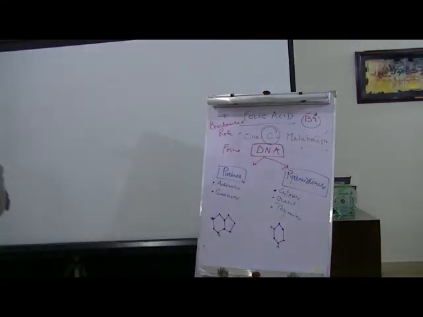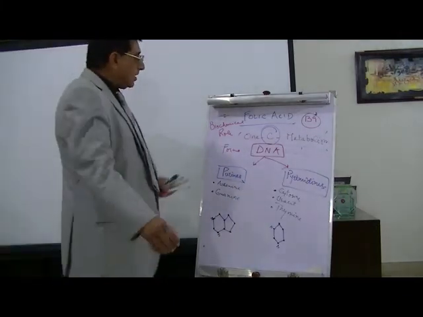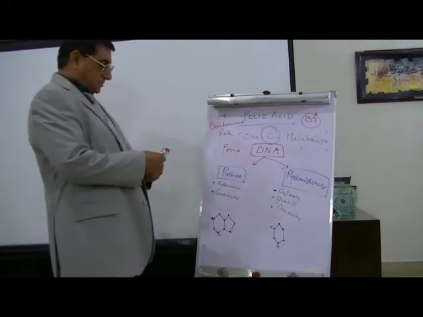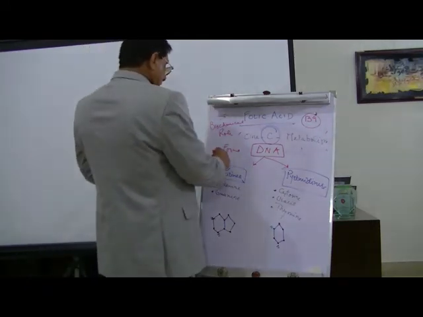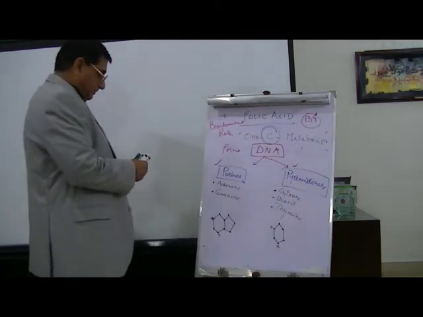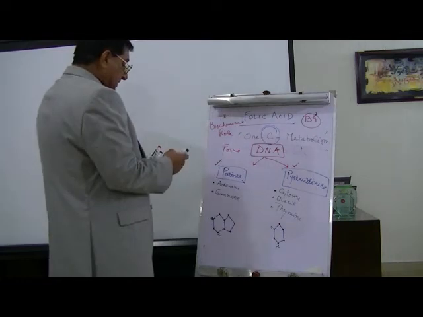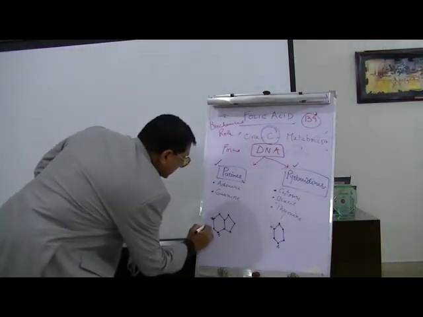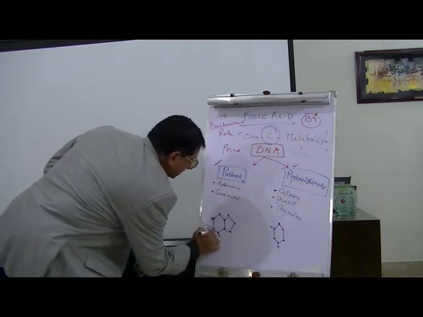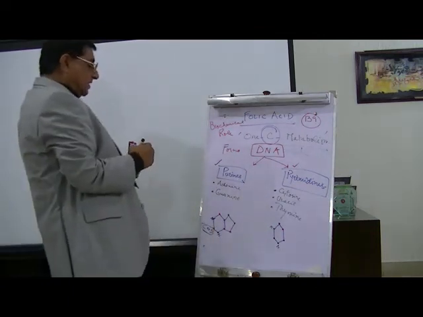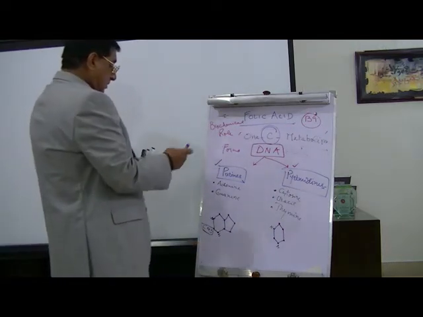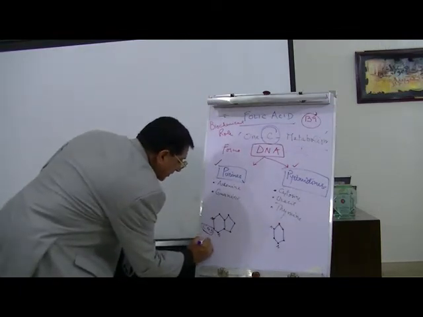Now I told you that folic acid forms DNA. How does it form DNA? It forms both purines as well as pyrimidines. How? This is carbon number 3. It forms carbon number 3 by the addition of a formyl group.